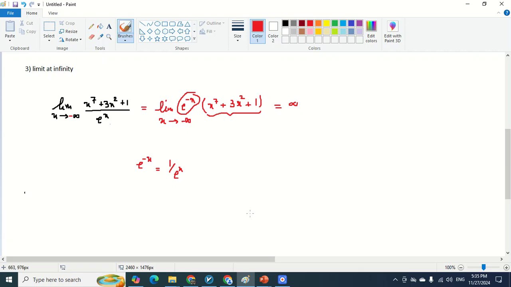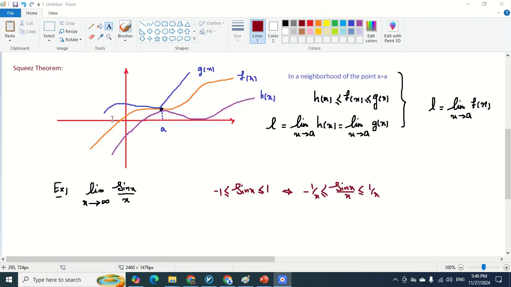After we discuss the limit at infinity, it's necessary to talk about the squeeze theorem as well. So at this point let us take a look at the squeeze theorem. The squeeze theorem says that if you have three functions like f of x, g of x and h of x, that I just sketched the graph of, and the function f of x in a neighborhood of a is sandwiched between these two functions, it means that f of x is in the middle of h of x and g of x.